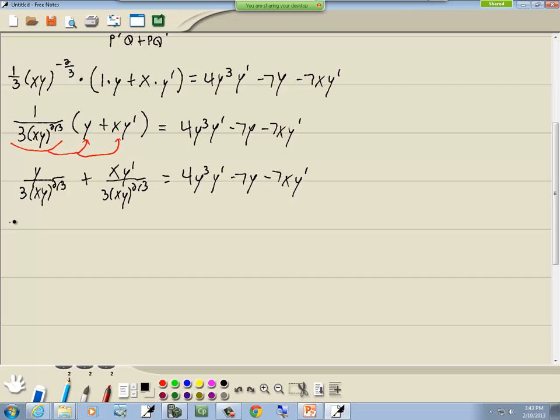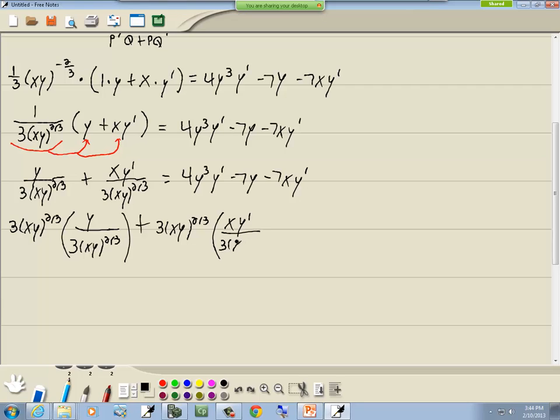So that's what we'll multiply everything by: our first fraction, our second fraction, and everything on the right side. When I multiply times everything on the right side, we're just going to put it next to each one of these.